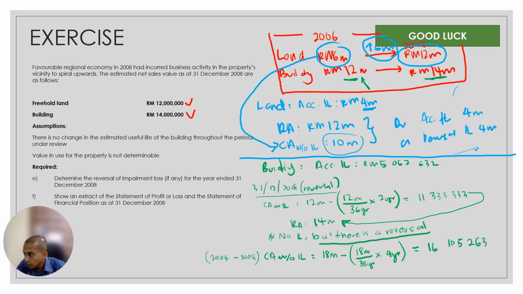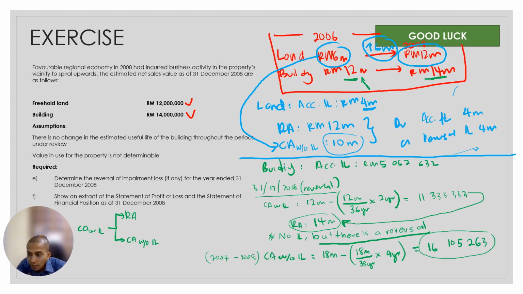Now we have to choose for the reversal either 14 million or the carrying amount without impairment loss. To make it a picture, CA with impairment loss, we can reverse up to either RA, which is in this case, or CA without impairment loss.